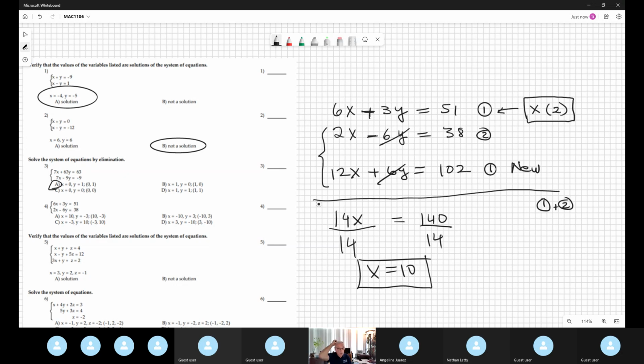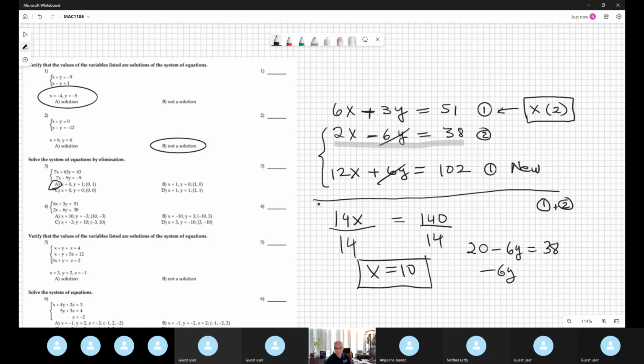In order to find the y value, you take any equation. In my opinion, you are a smart guy, so you take the equation that has the smaller numbers. So you replace x with 10, and you plug in 10 here. 2 times 10 is 20, no? 20 minus 6y equals 38.